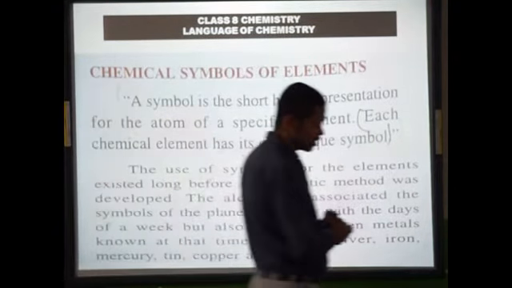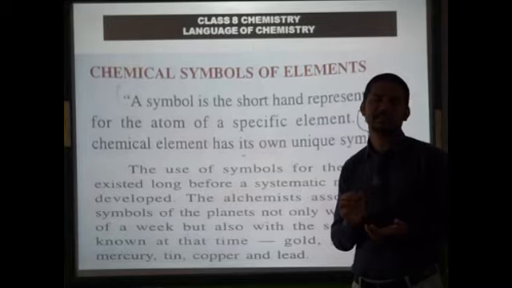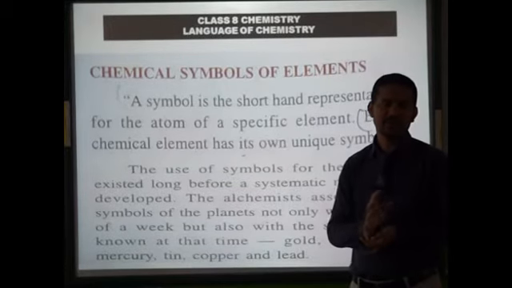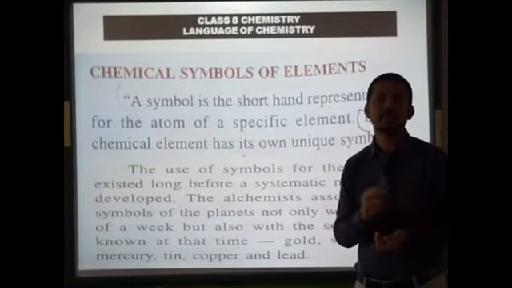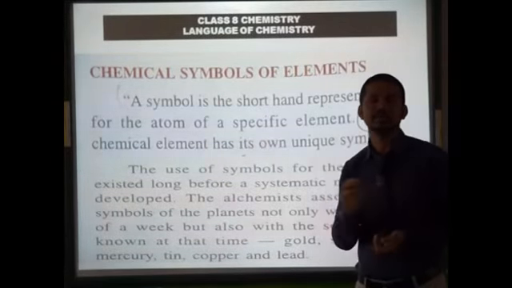And each element has a unique symbol. H means hydrogen, and H doesn't mean any other element except hydrogen. C means carbon only, and there is no other element whose symbol is C. That means each element has a unique symbol.